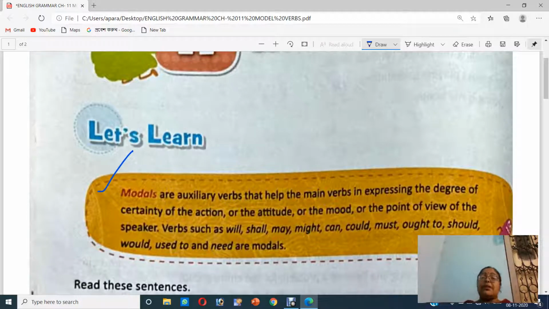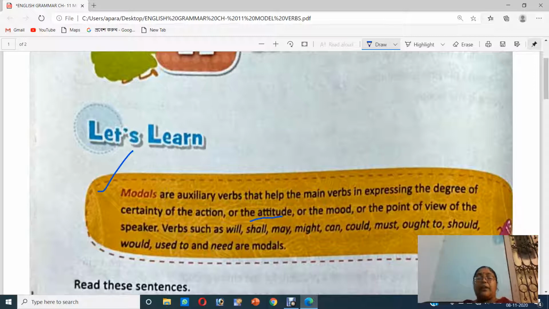You see, modals are auxiliary verbs that help the main verb in expressing a degree of certainty of the action. How certain is our action? Whether we will definitely be doing it or not. Then the next is the attitude.